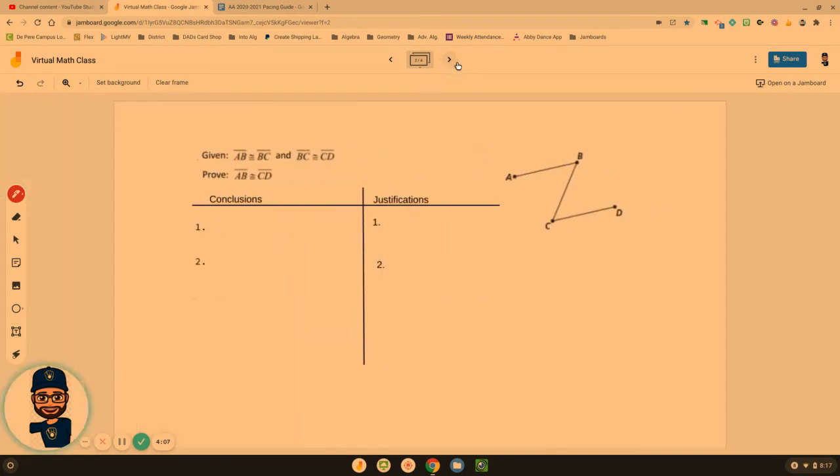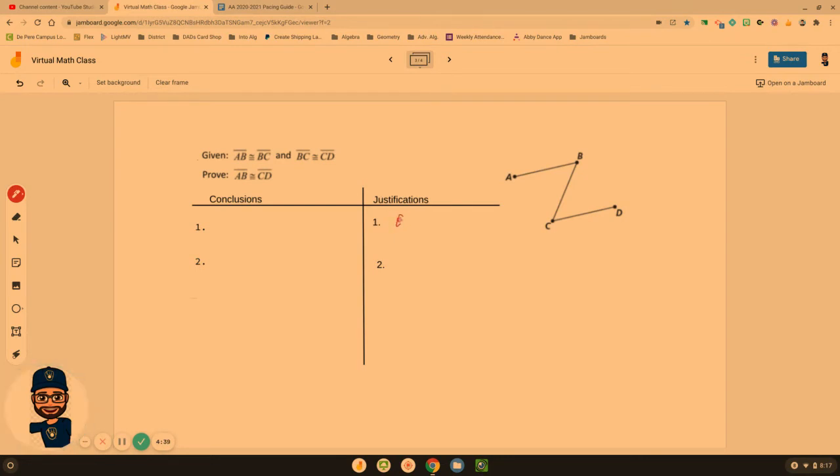Example 2 gives us this diagram and a blank proof to complete. We are given that segment AB is congruent to segment BC. We're also told that segment BC is congruent to segment CD. We want to prove that AB is congruent to CD. What should we always start with? For number 1 on the conclusions and justifications, what should we always start with?